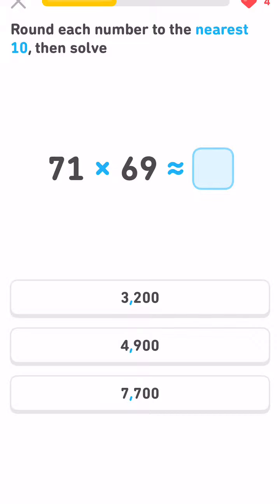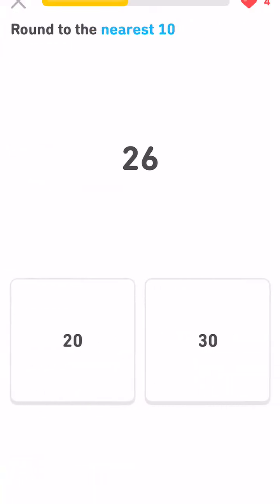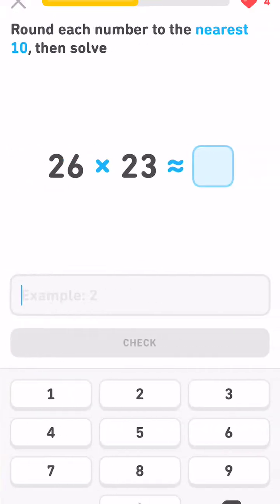Okay, so same situation, round to the nearest 10, then solve. So 4,900. Nearest 10. Okay, so we have 30 times 20.